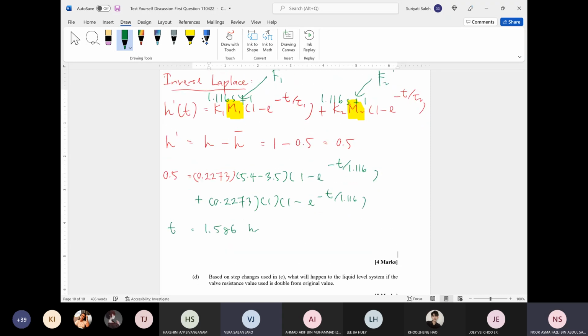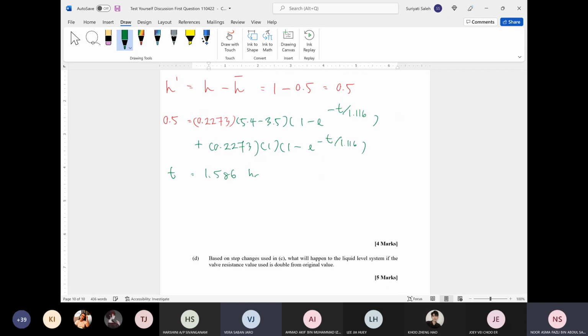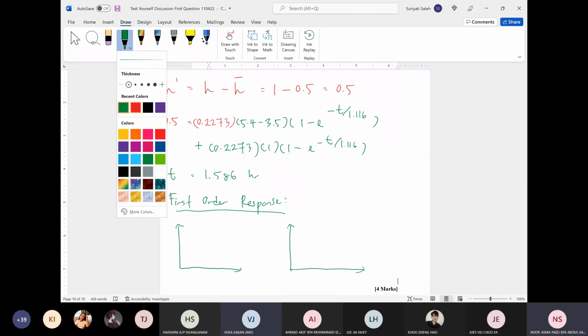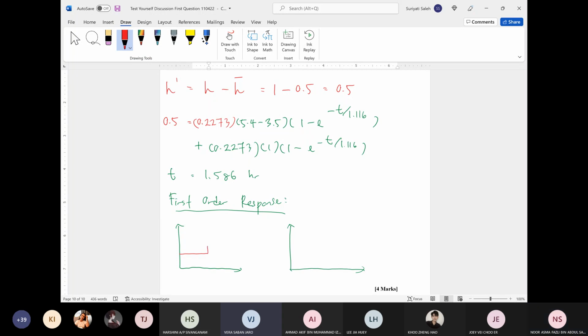when we have the first order, it's like this. First order response. So we have the response like this. Normally, in the first order response, we use the step change. So the step change has the following response.